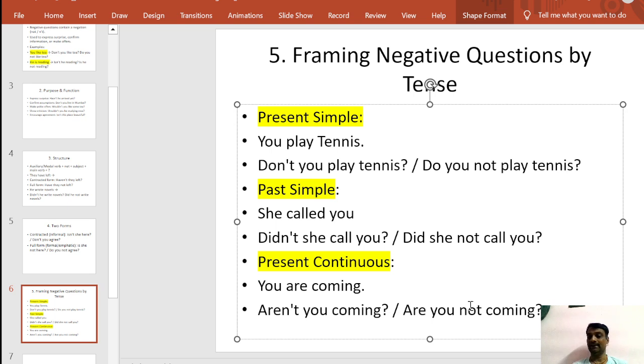Especially when you are asked to frame negative questions, around 95% of the time you are supposed to go with a yes or no question, because there will be a statement. You have to frame negative questions to confirm or to convince, like that, right?